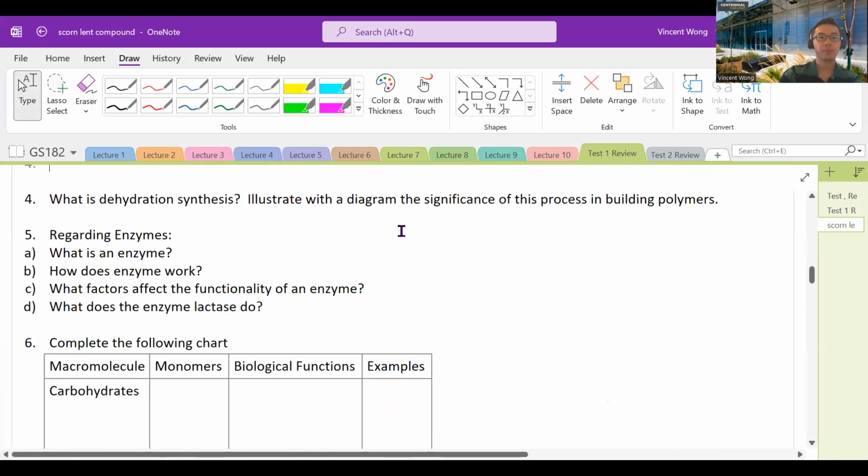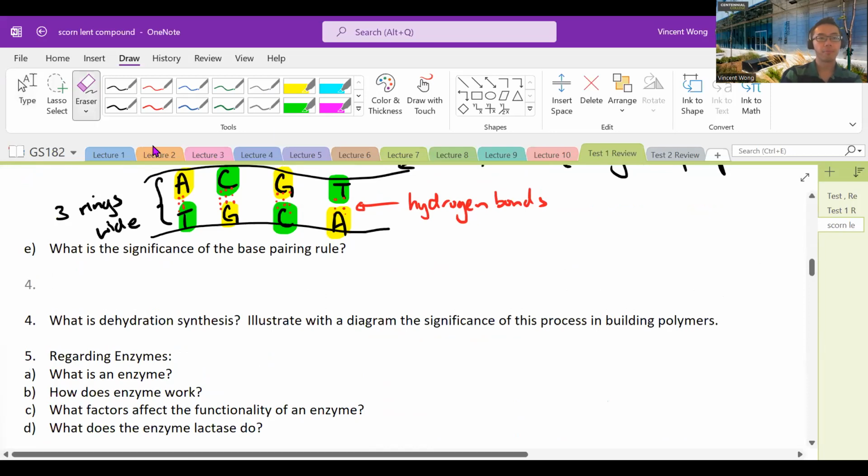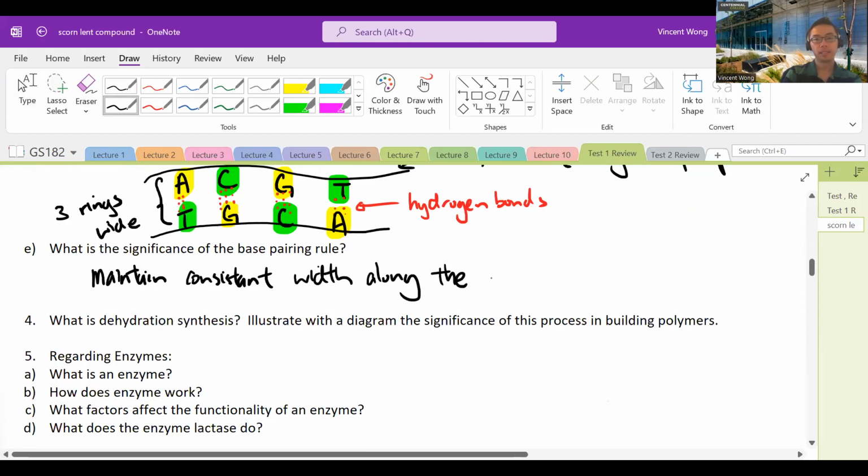Okay, so this allows us to maintain a consistent width along the entire length of the DNA.